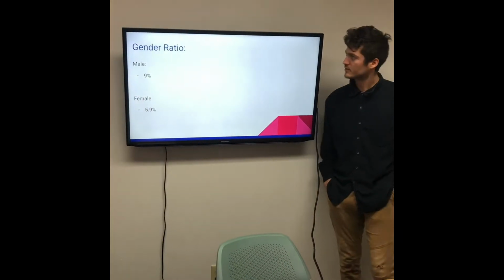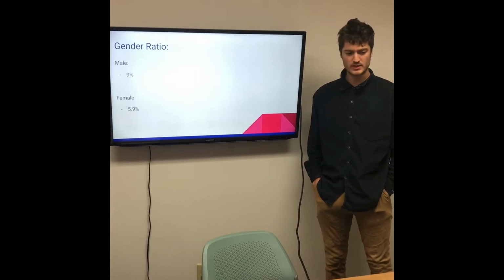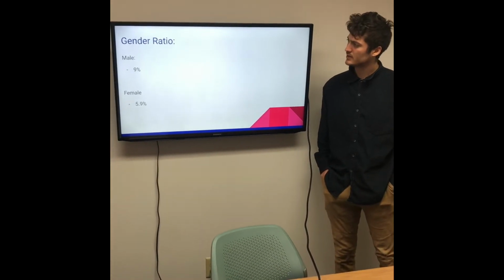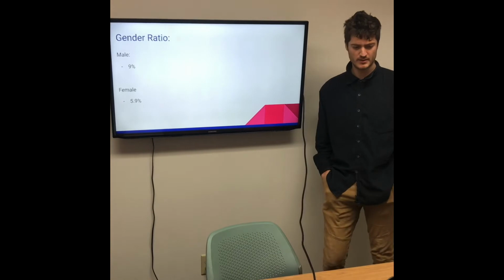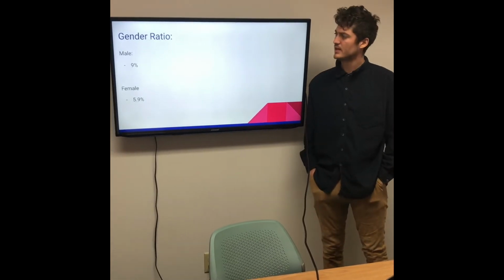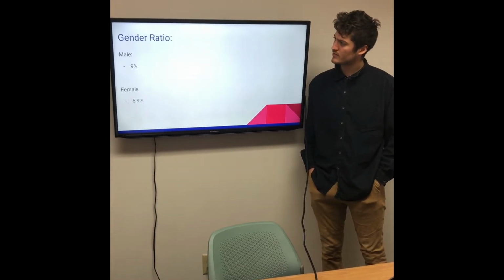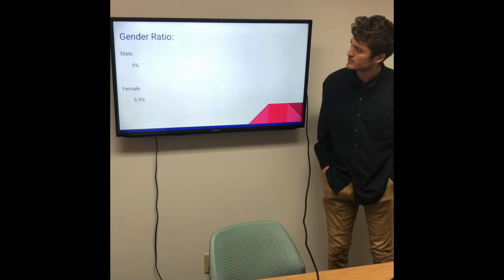So lastly, we're going to look at some gender ratios. What we're seeing is that males tend to be diagnosed at a higher rate, around 9%, and females lower at 5.9%. This could be due to a number of factors. There could be some confounding variables that we're not aware of.